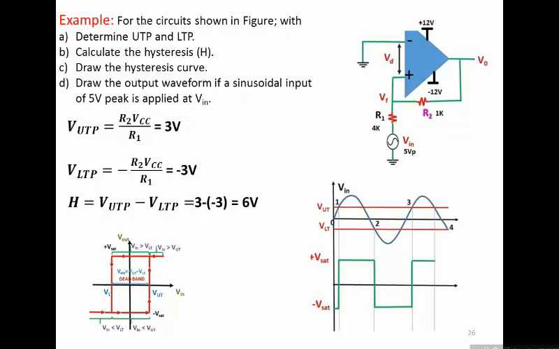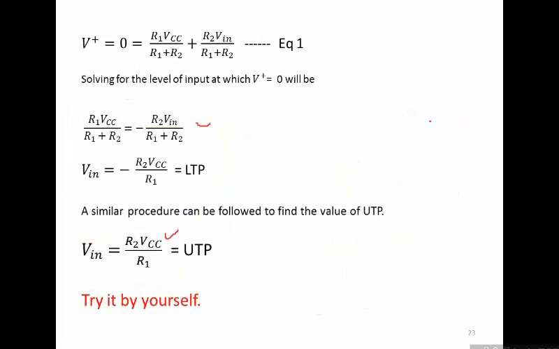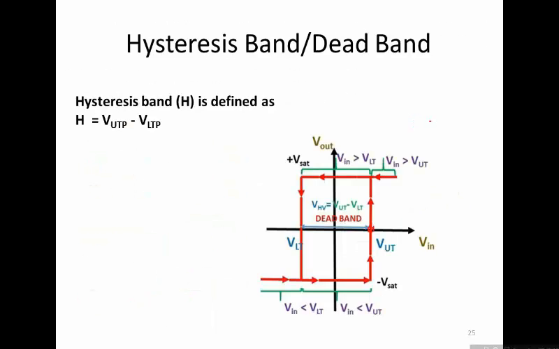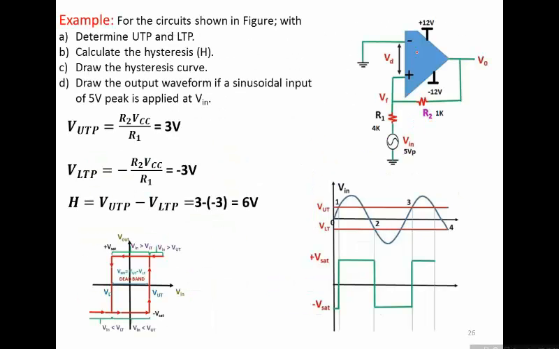Next, this is the example for a non-inverting Schmitt trigger. In this case the circuit is given with these values: R1 is 4K and R2 is 1K, with VCC of plus 12 and minus 12 volts.